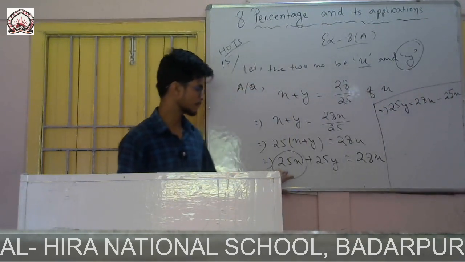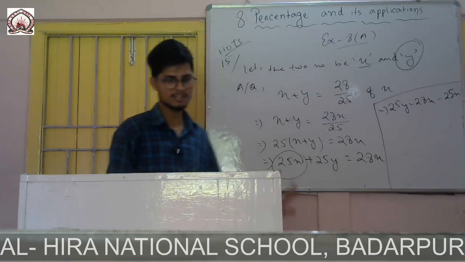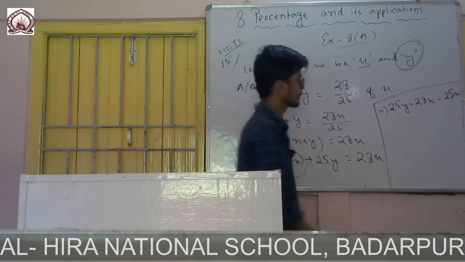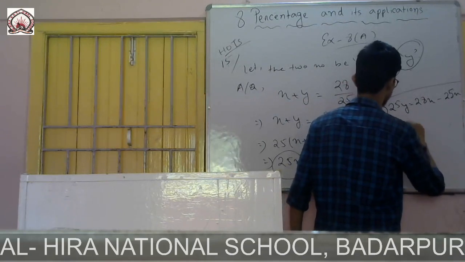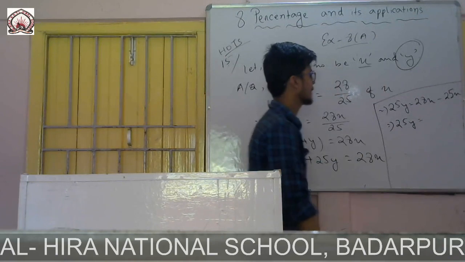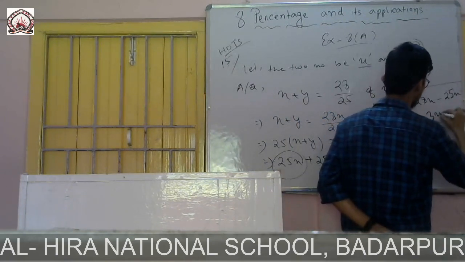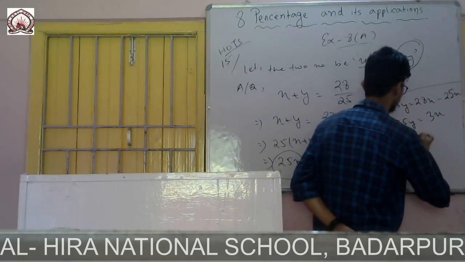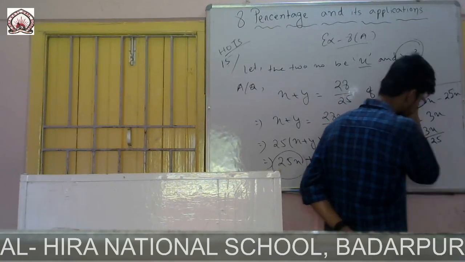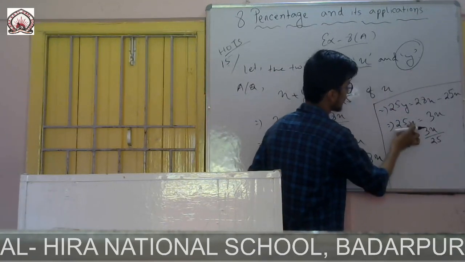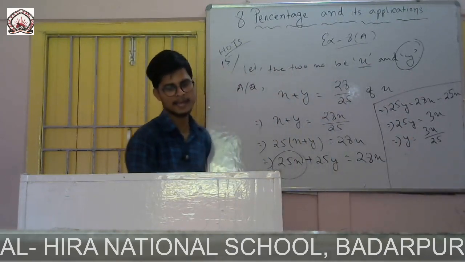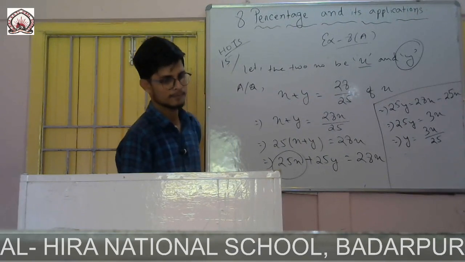I transpose 25x from this side to that side; there it was plus, on that side it will be minus. So 25y equals 28x minus 25x, which is 3x. I will transpose the 25, which is multiplied, so on that side it will divide. So y equals 3x by 25.